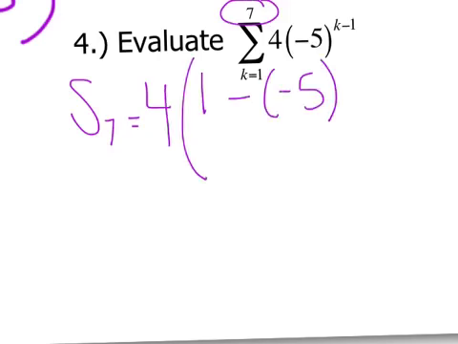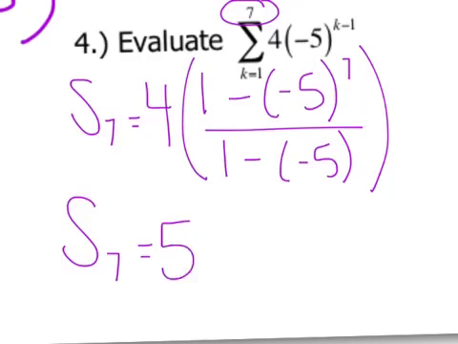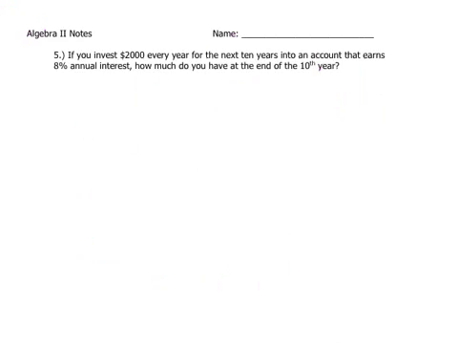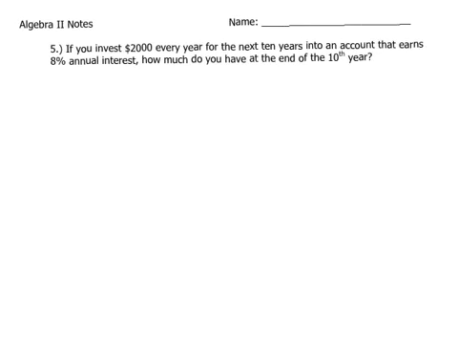Negative 5 to the 7th, all over 1 minus negative 5. Take a minute, plug that in your calculator, make sure we know how to enter this. The hardest part about this lesson is using your calculator. We should be getting 52,084.